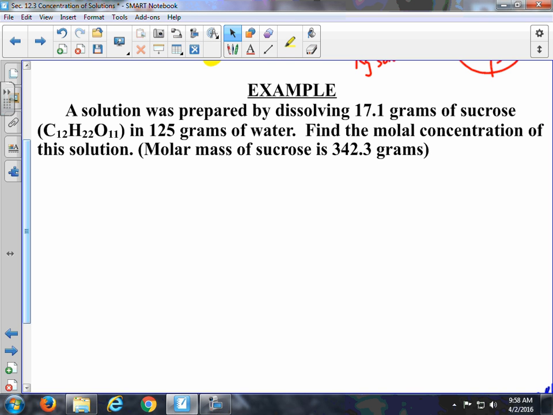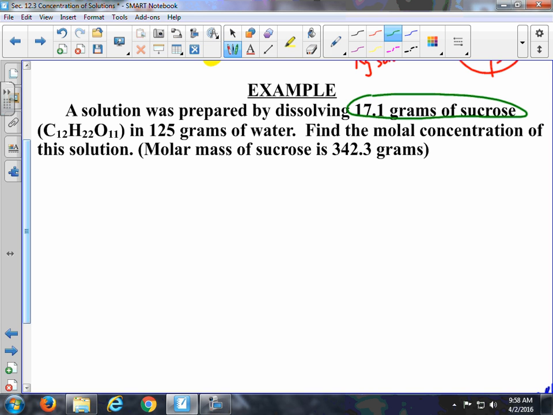All right, now one thing that's different here is you're given two masses in grams. You really have to think about what's being dissolved and what's doing the dissolving. So what is our solute and what is our solvent? A solution was prepared by dissolving 17.1 grams of sucrose. This 17.1 is what's being dissolved.